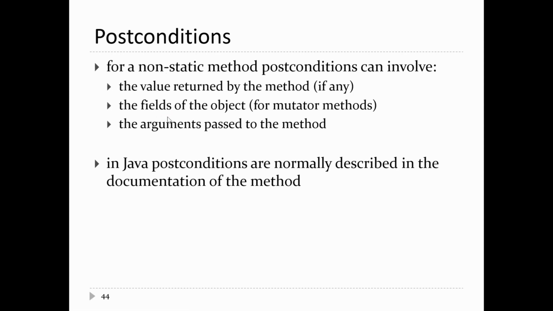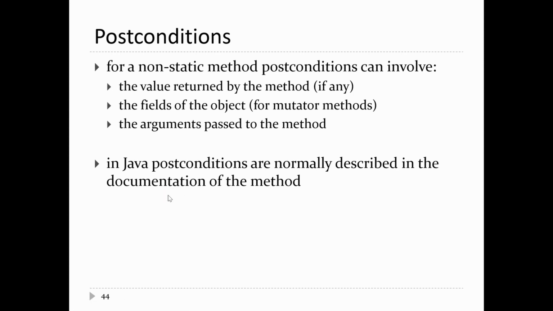If the method changes the state of the object that was used to call the method, then the postconditions will involve the fields of the object. And if the method changes the state of an object that was passed to it as an argument, then the postcondition involves the object that was passed as an argument to the method.